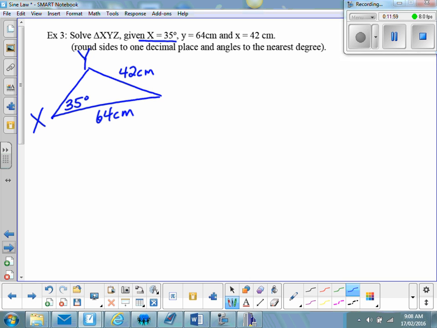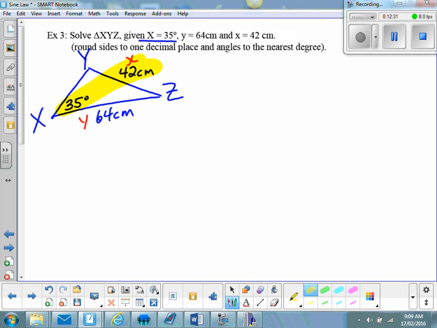That means that that's angle Y, because it's opposite side Y. This is my Y. This is my X. So that means that my other angle there is my Z. And as we've been doing, if we're looking for partners here, those are my partners. So I'm working with the X's and I'm working with the Y's.